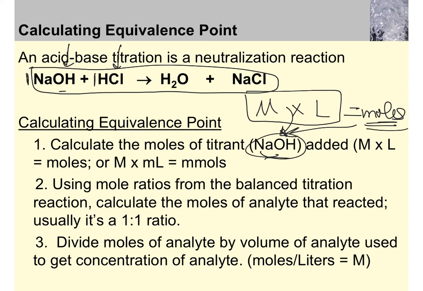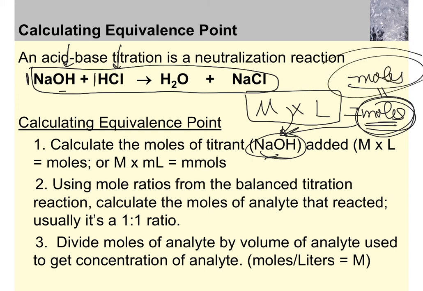So once we calculate the moles of the titrant needed to reach the equivalence point, we set that equal to the moles of the unknown acid. And then finding the molarity of the unknown acid is simply a matter of taking the moles that we just calculated and dividing by the volume, the liters or milliliters, of the acid that we titrated. And that is how we get the concentration of the unknown acid. So it'll probably make more sense when we work some examples.